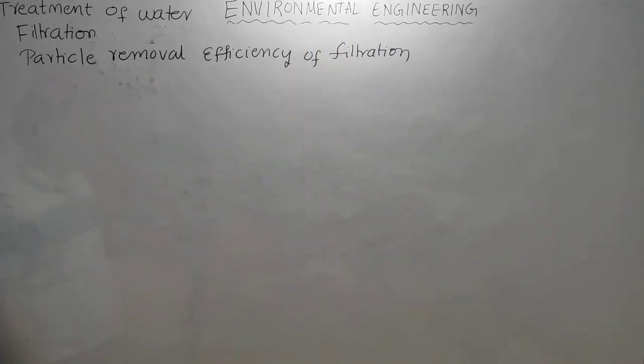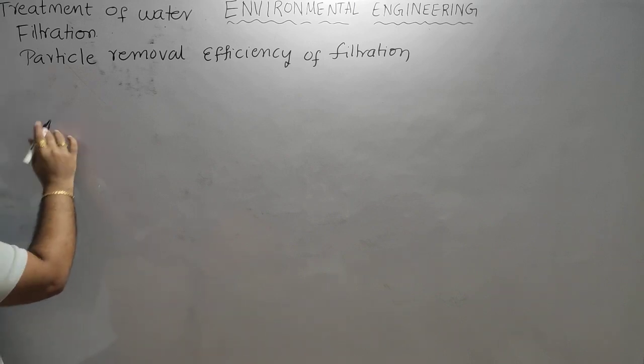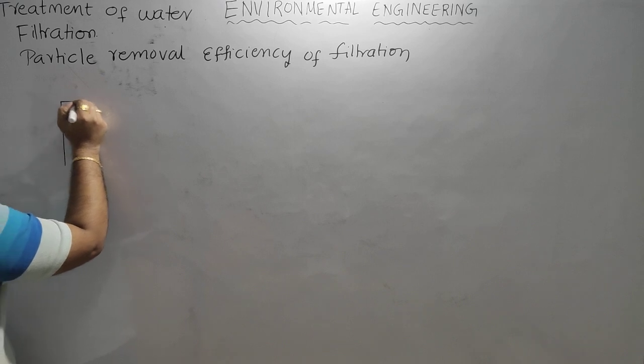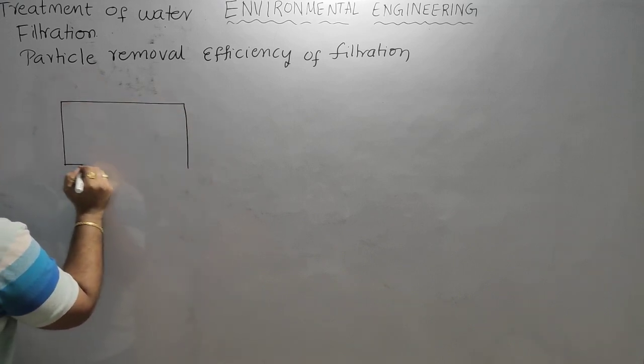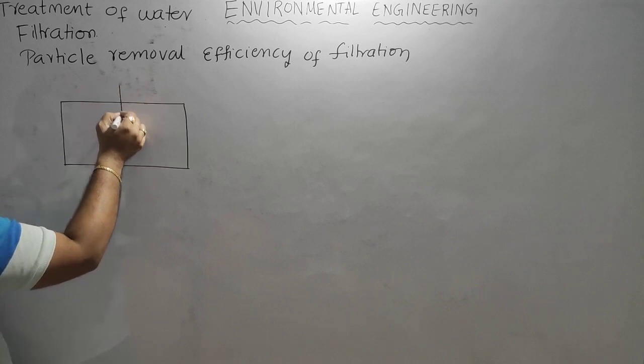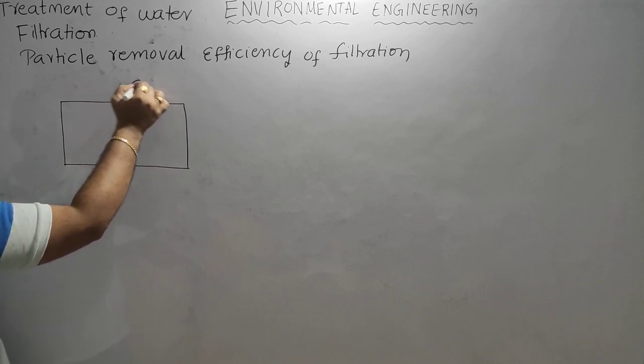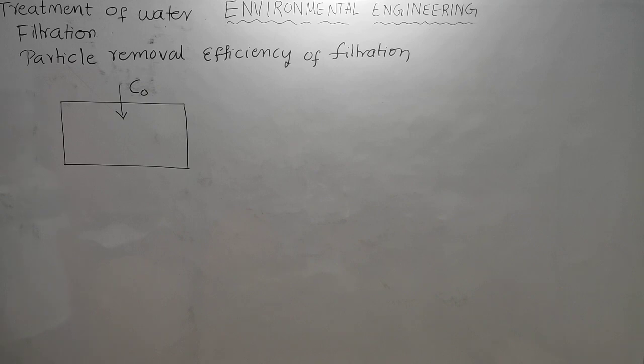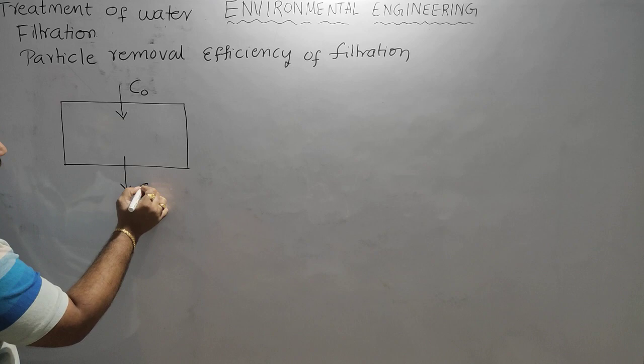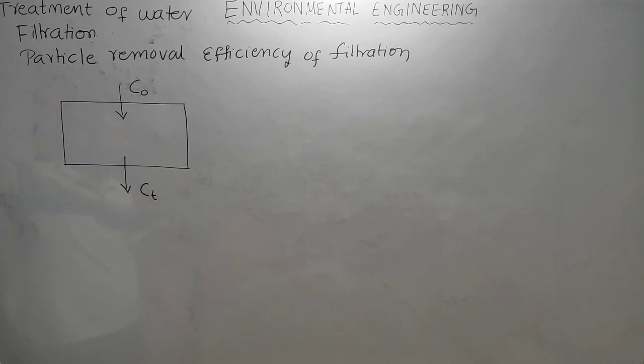So here, there is a filter media like this. Into this filter media, some concentration C0 of impurities is coming in. C0 is the concentration of incoming impurities. At some time t, let the concentration of impurities coming out of the filter media be CT.